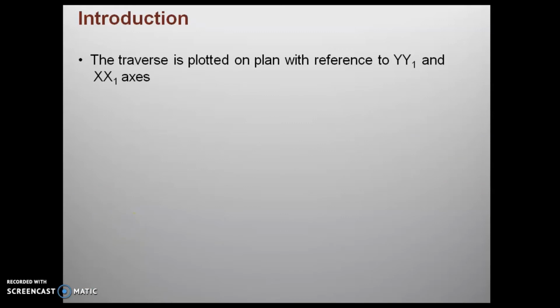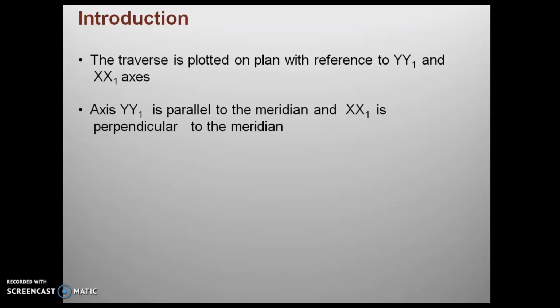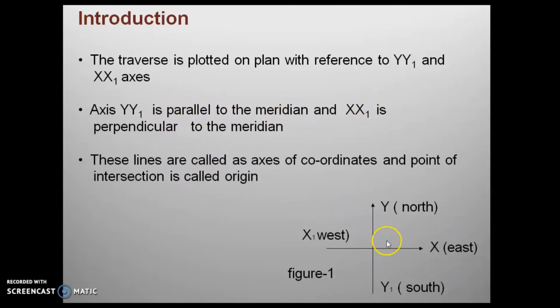Now if I plot a traverse, generally what we prefer is north as our meridian, right? Now see here, YY1 is parallel to the meridian and the X-axis is perpendicular to the meridian. YY1 means north to south pole is parallel to the meridian, and east-west is perpendicular to the meridian.